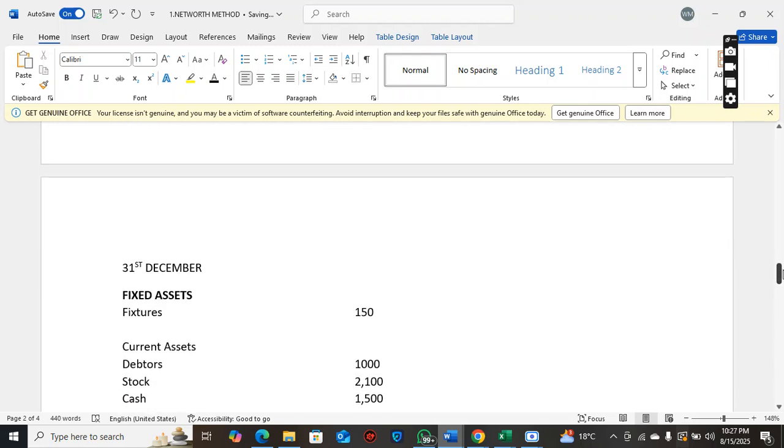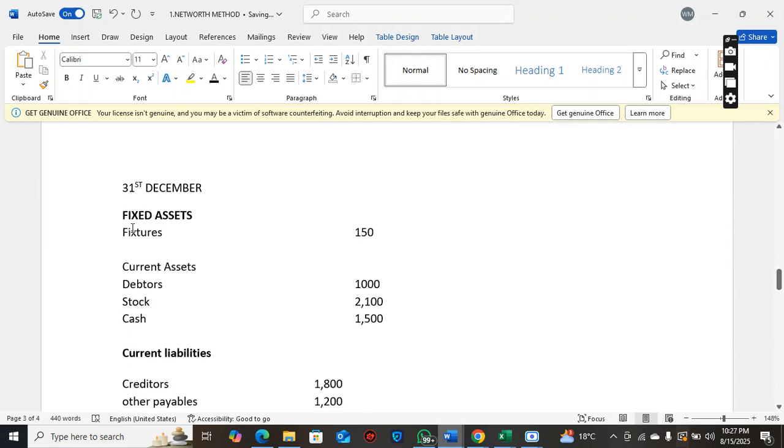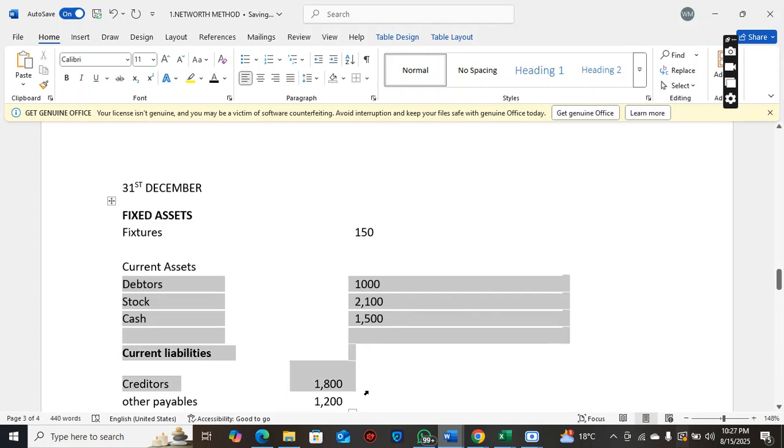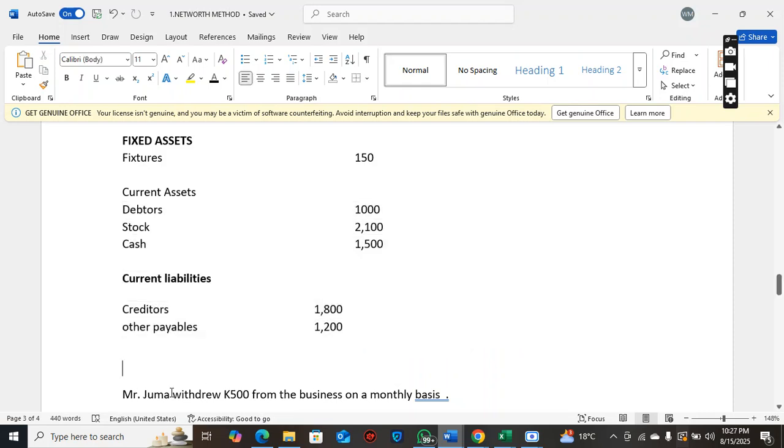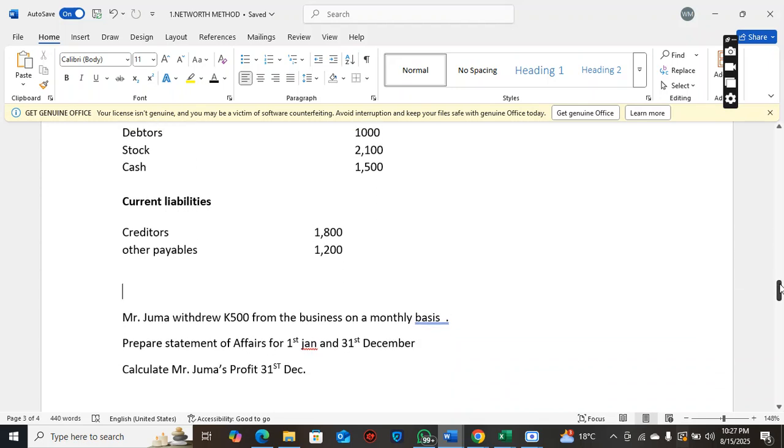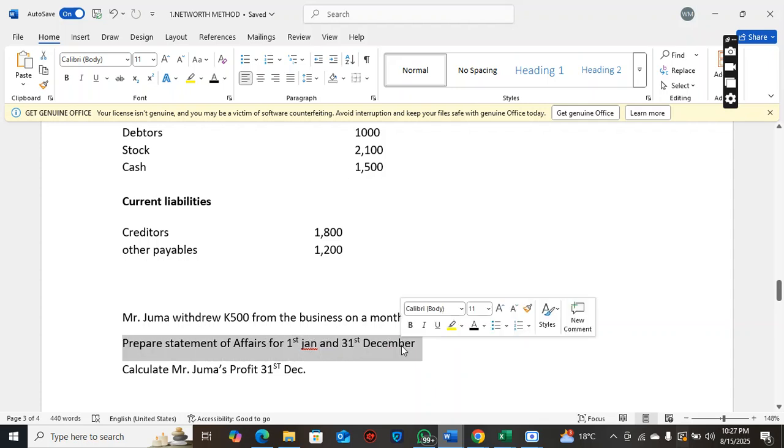At the end of the year, fixed assets, 150 kwacha. Current assets, we've got these values here. Current liabilities, we've got these values here. And they tell us Mr. Juma withdrew 500 kwacha from the business on a monthly basis. So the question is asking us, prepare a statement of affairs for 1st January and 31st December.